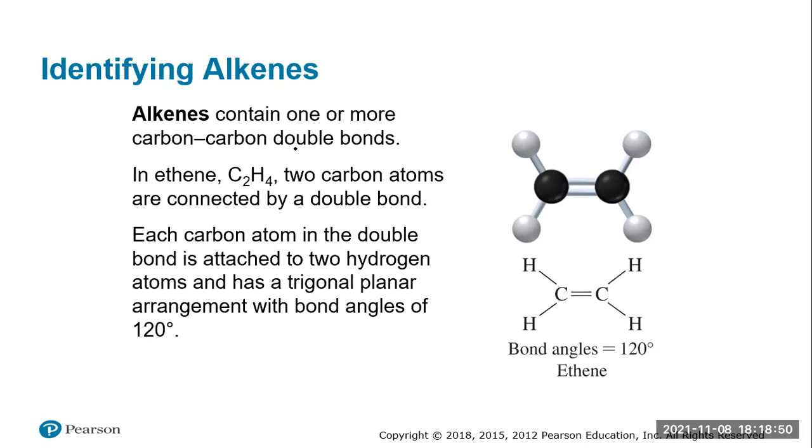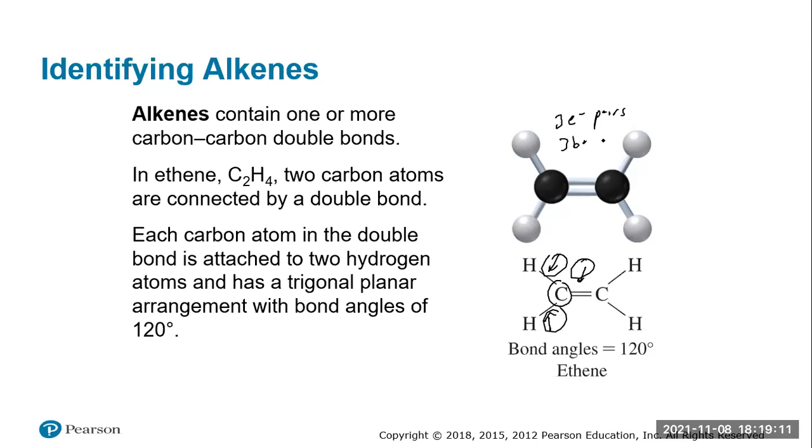It also changes in an alkene the sort of geometry that we see. Now, when we look at, say, this carbon here in the center, it has 1, 2, and 3 electron pairs. And it also has 1, 2, 3 bonds.